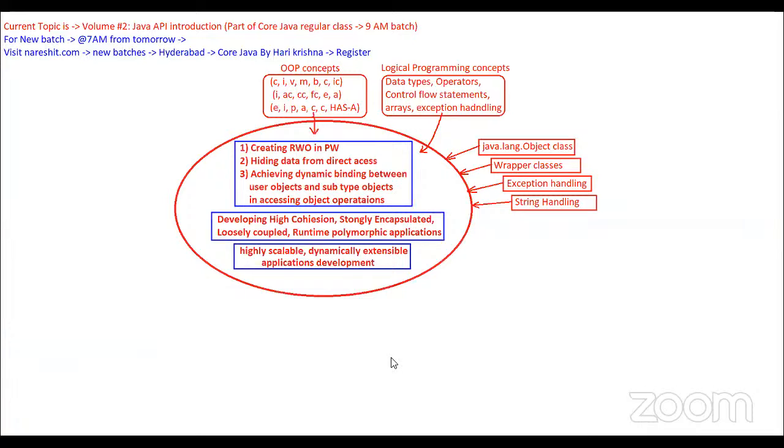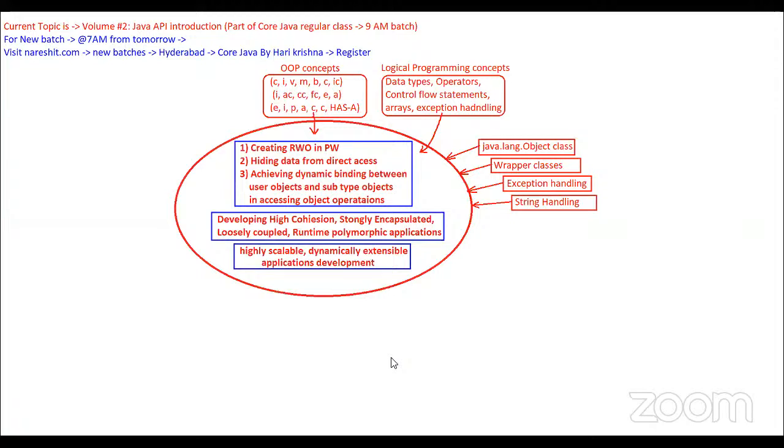Just creating real world objects in the programming world, just creating a class with object oriented programming concepts, is not sufficient. You need to write a lot of logic inside methods, constructors, and blocks, to perform different mathematical calculations as part of the project.